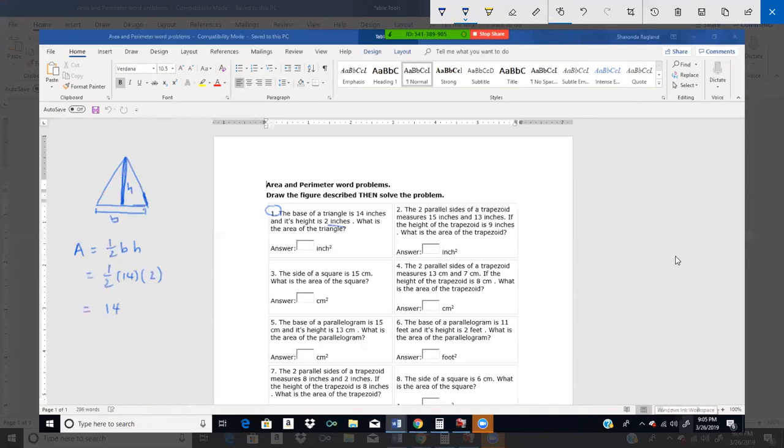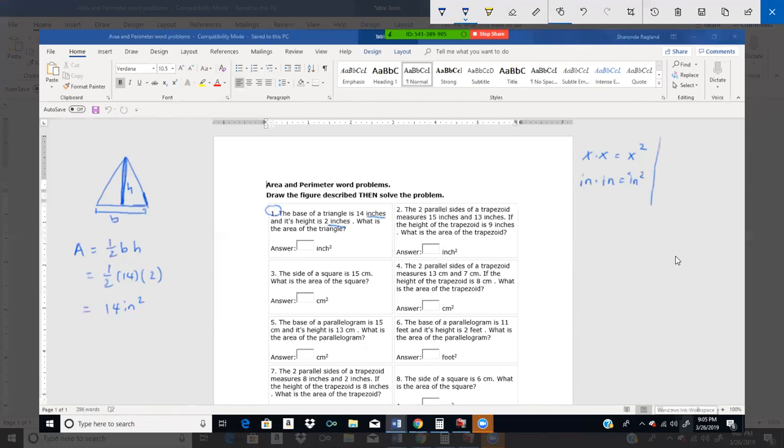Now when you're dealing with area, it's always square. Why is that? Go back to the laws of exponents. When you have x times x, that's x squared. So inches times inches will be square inches, or inches squared.